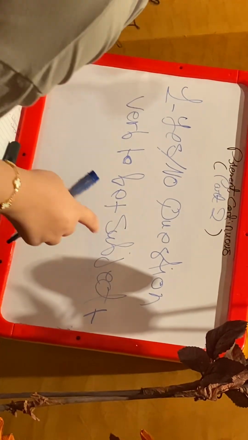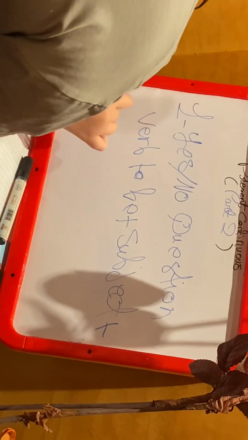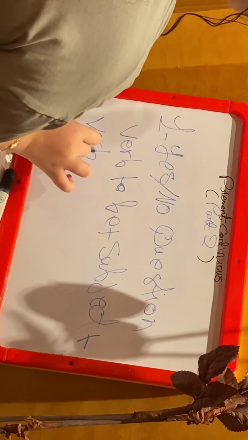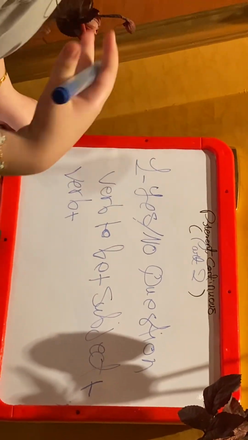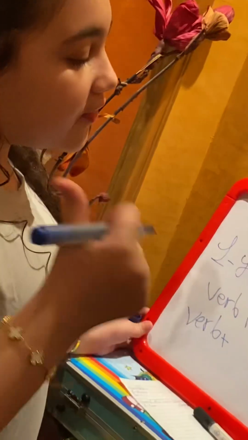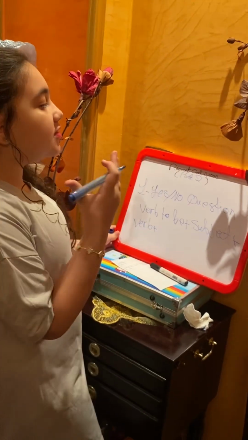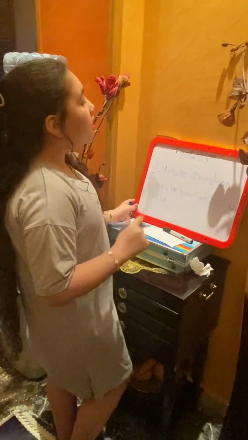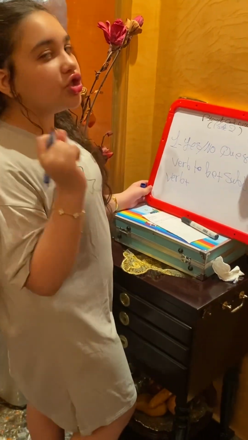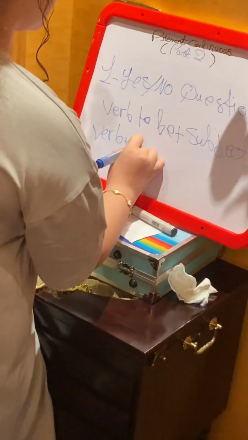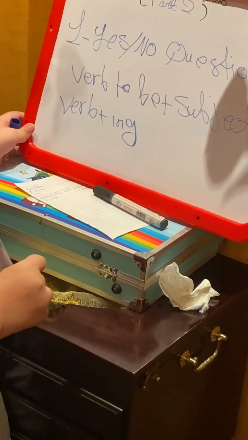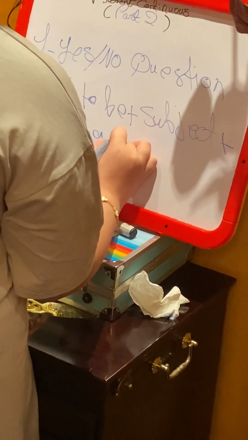Plus, after the subject, we will get a simple verb, any verb. Plus, do we leave the verb as it is? Of course not. In the previous video, I said that in the present continuous we must use ing with the verb. So here, verb plus ing. And then what?